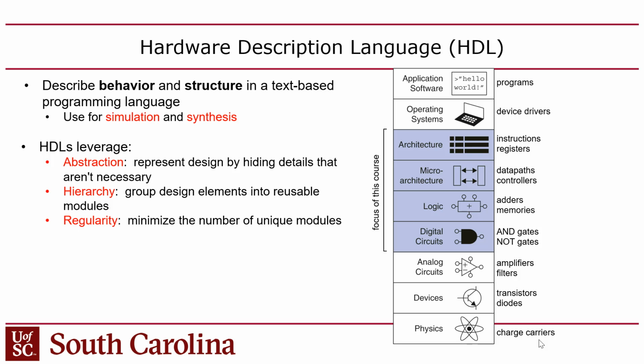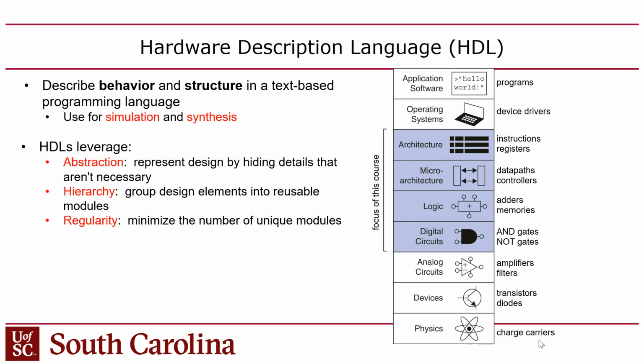Okay, so normally the next question is, well, how do you design large-scale designs? HDL is designed to leverage three things that make it easier to design and test large-scale digital designs. It's abstraction, hierarchy, and regularity.